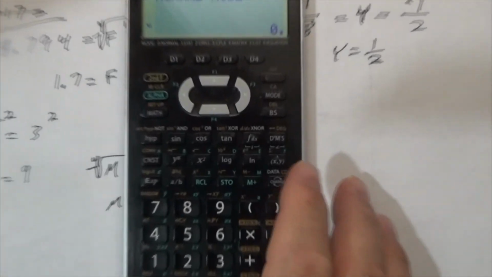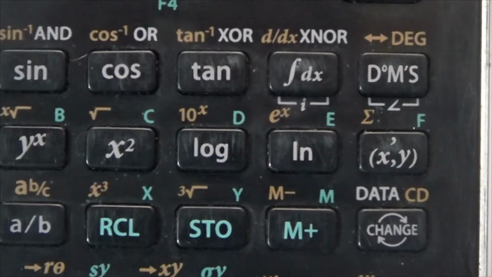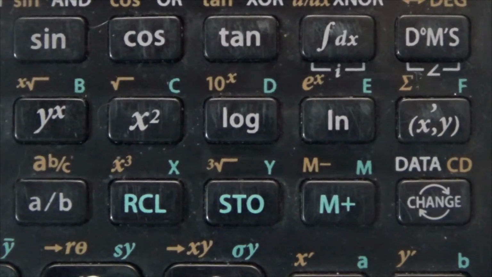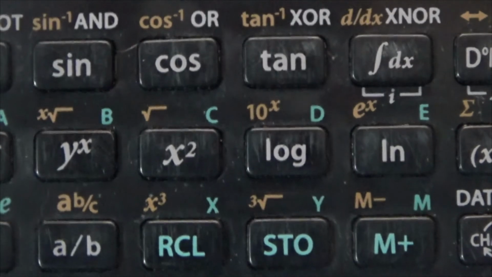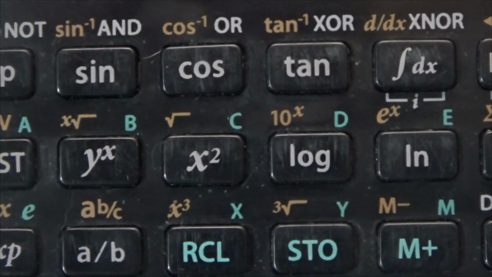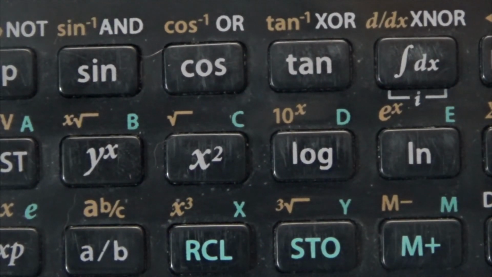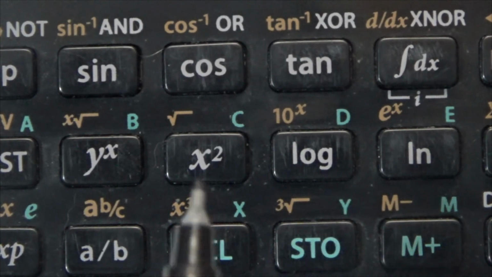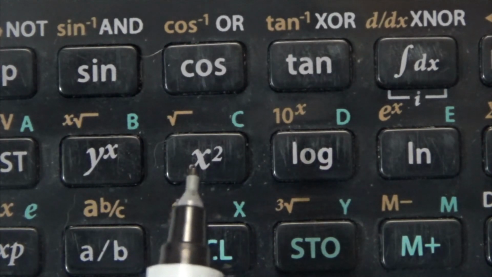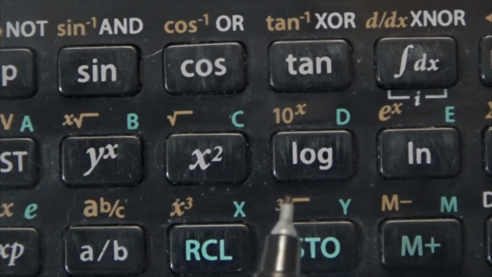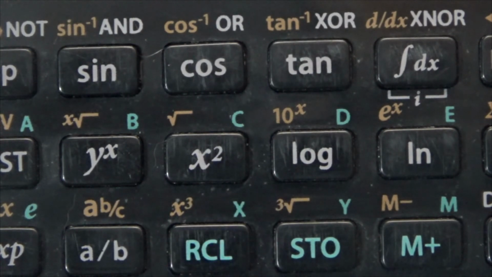So, let's zoom in again here. Let's take a look at some of our numbers that we have to use. Right here, these are the two numbers I want to look at. If we're going to square something, we can hit this button right there. So 5 squared, I would hit 5 and then hit that button, and I get 5 squared.